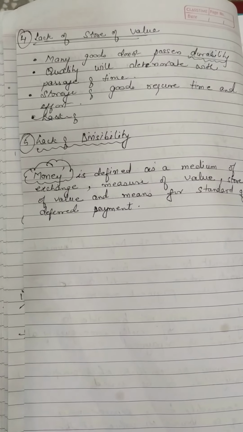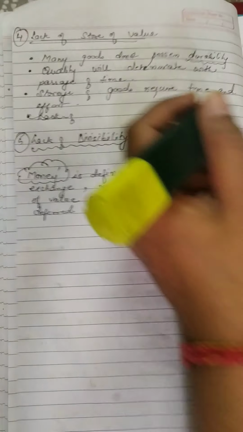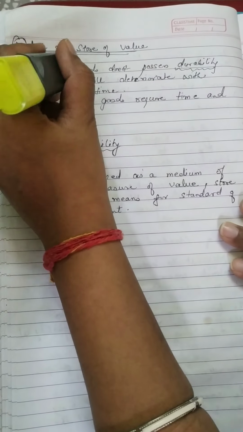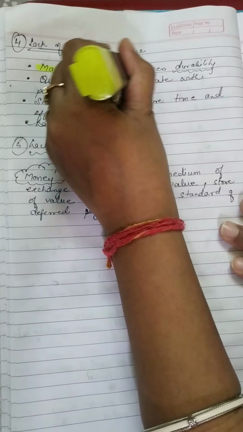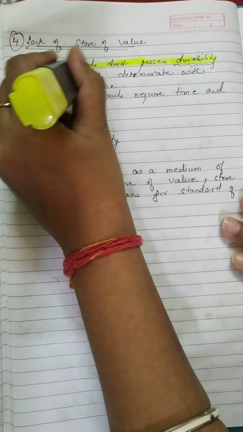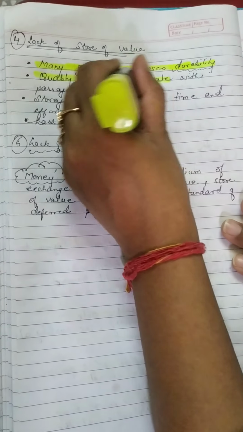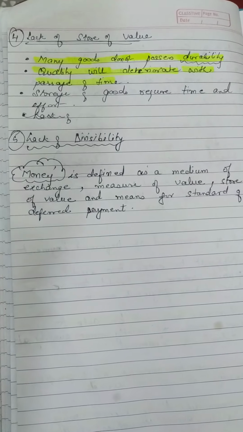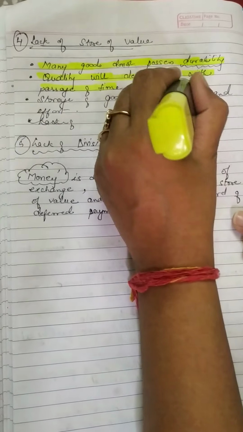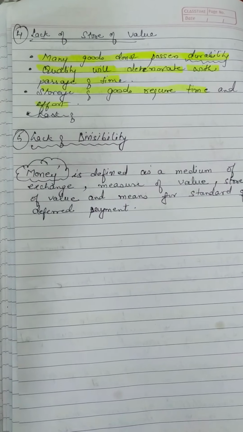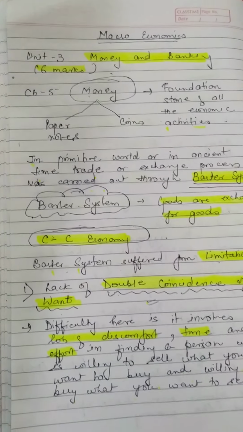So that's why this is again a limitation faced by the barter system, that many goods do not possess durability. Quality will deteriorate with passage of time, and storing goods will require lots of time and effort. I hope these are clear to everyone.